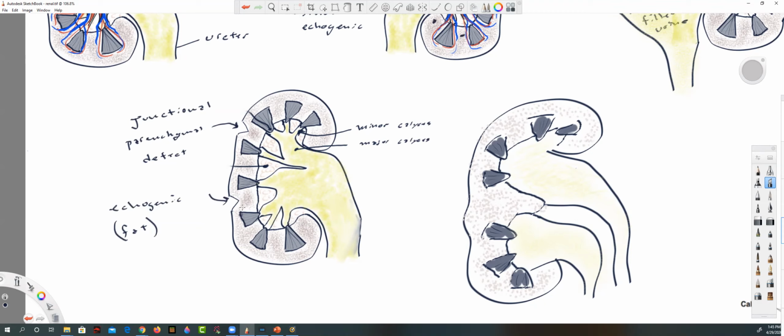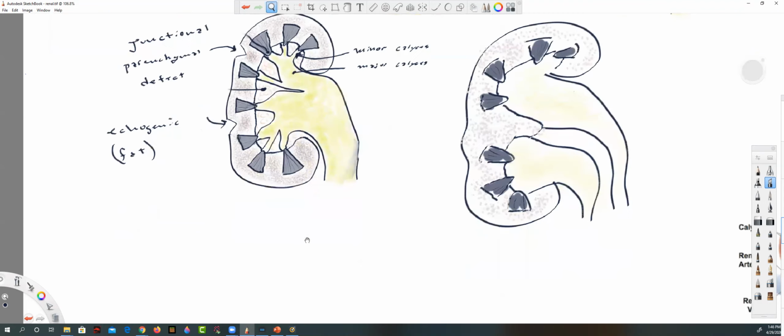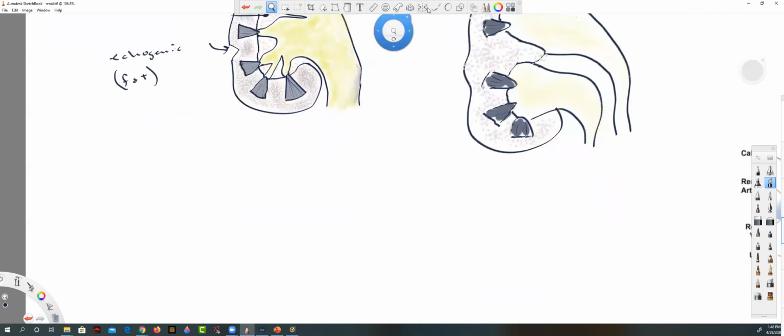One thing I didn't draw, it didn't come up, and maybe it's just later on, but a more extreme example of this, let me just quickly draw another kidney.